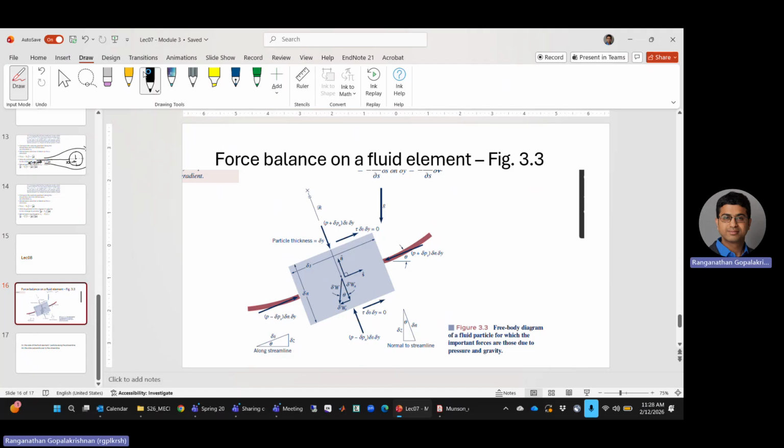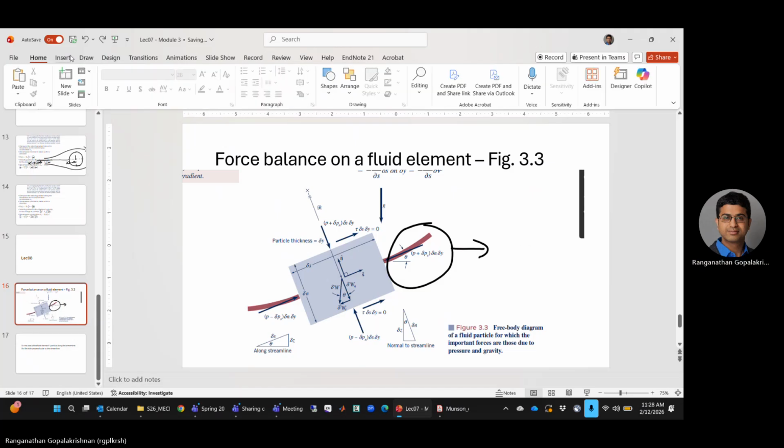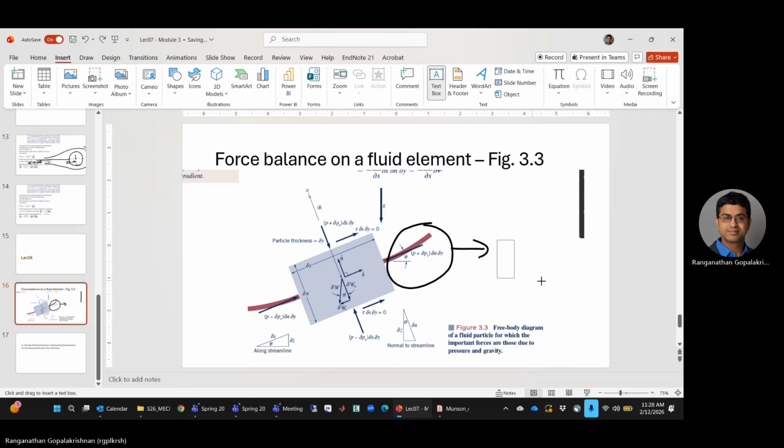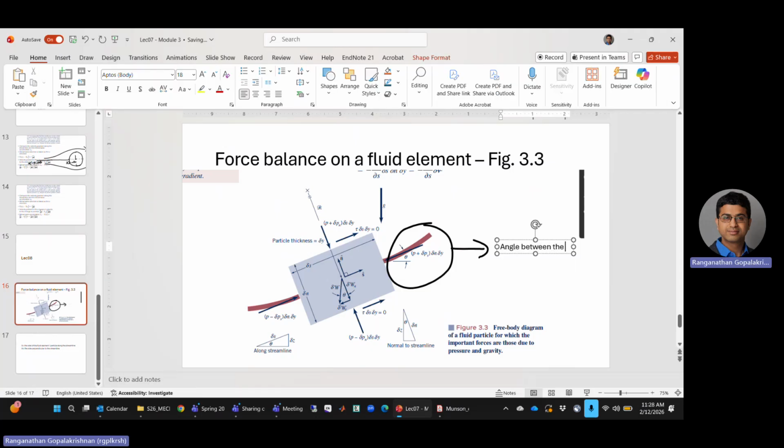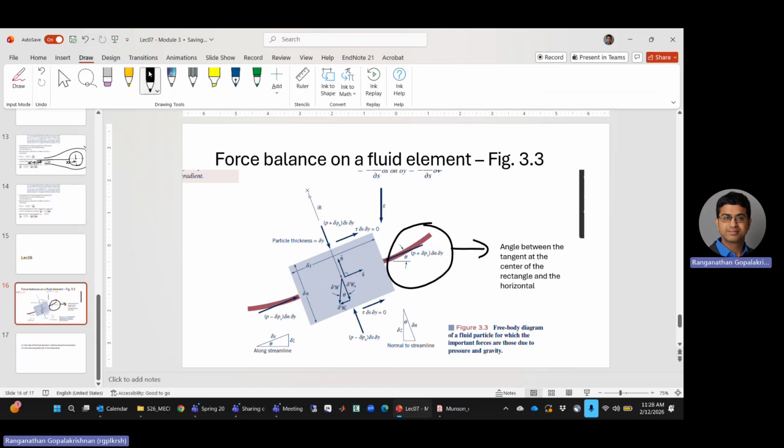This angle here, theta, is the angle between the tangent at the point at the center of the rectangle and the horizontal. And previously we talked about what delta S and delta N are, the sides of the rectangular element along the streamline and perpendicular to the streamline.